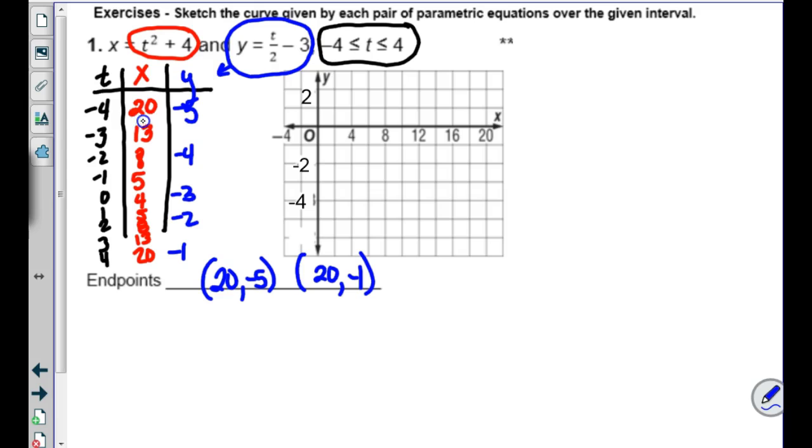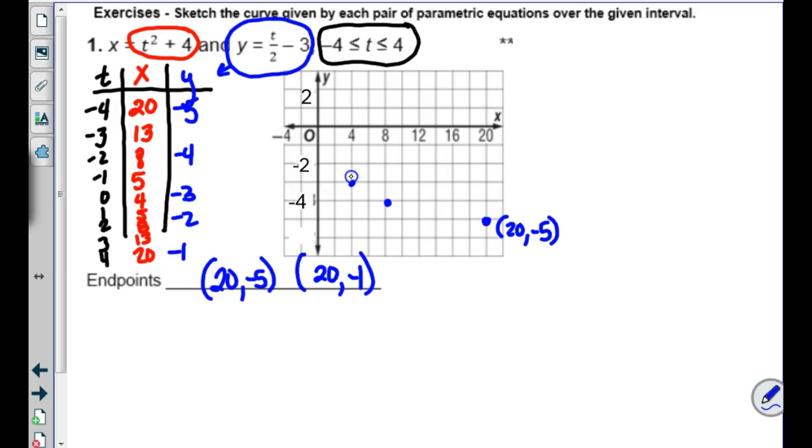But what do we actually plot one more time? Yes, so (20, -5), and it's counting by ones. It's just that every other one is labeled. So there's (20, -5). And then eventually ends up at (8, -4). There's one value in between there, but we had a (4, -3).